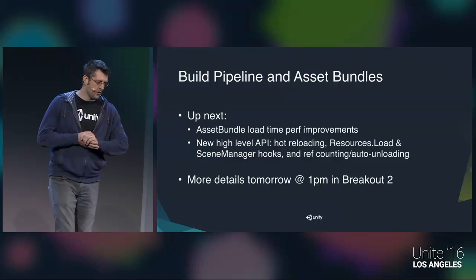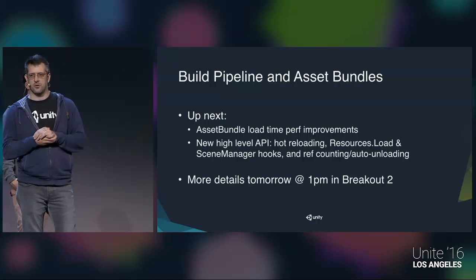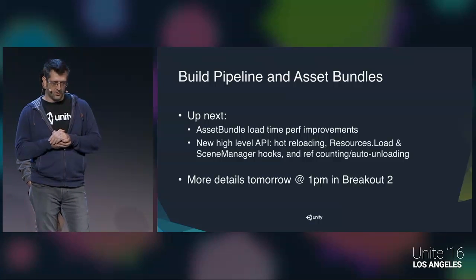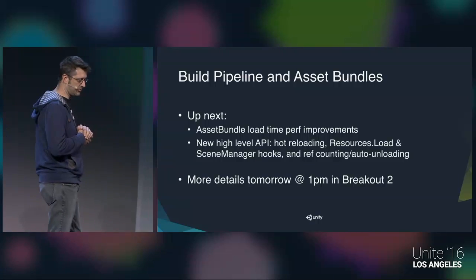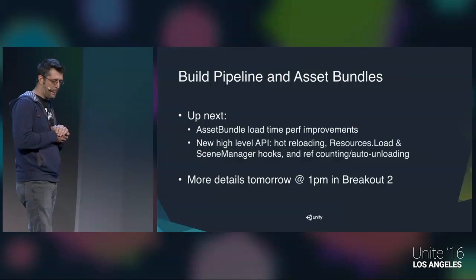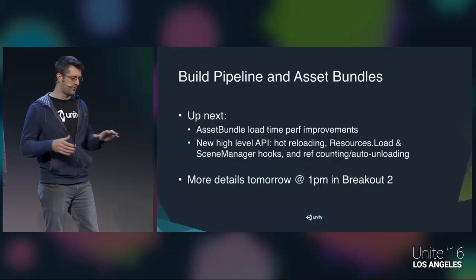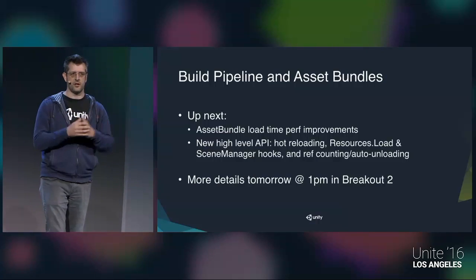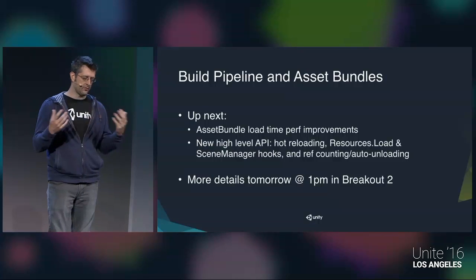And then there's another team also helping with load time and performance improvements around asset bundles, particularly on some of the mobile platforms like Android, where there are some real big problems. And then for us, after we get the build pipeline refactored and in a really good state, we're going to be building on top of that, again in C# and again in this open source model, a new high-level API.